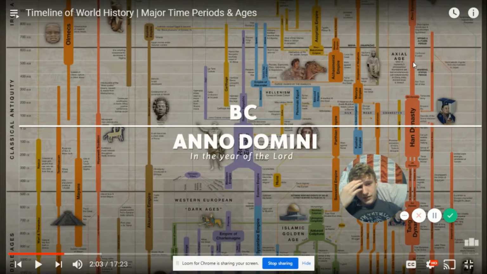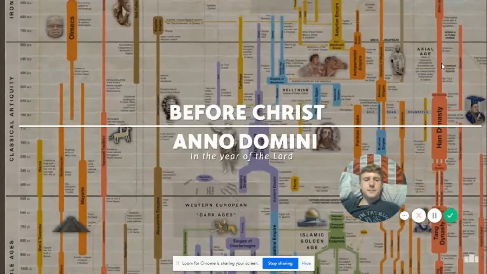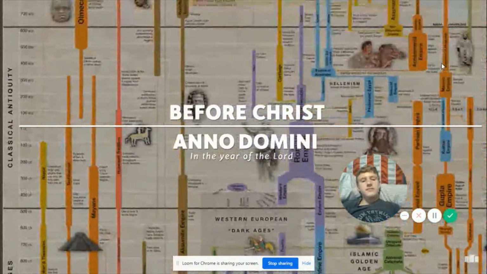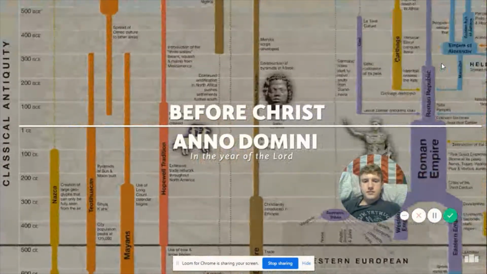It seems like a lot of other people share the same thing. Anything before that point is called BC, which stands for before Christ. Now, most scholars today have actually concluded that Jesus was probably born in 4 BC, so keep in mind that the scale is a bit off.